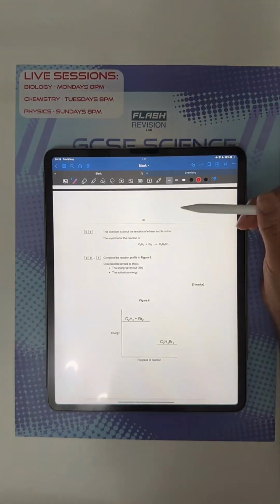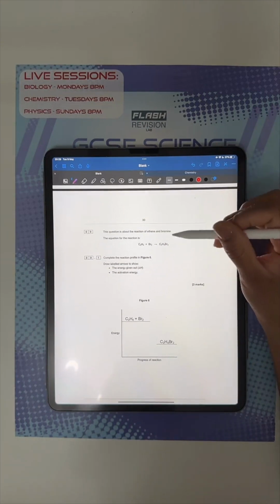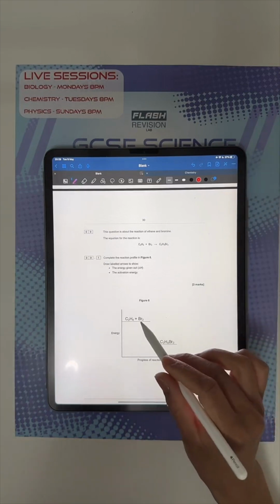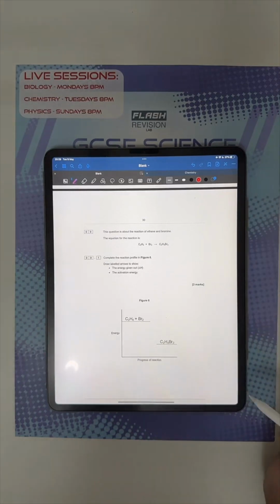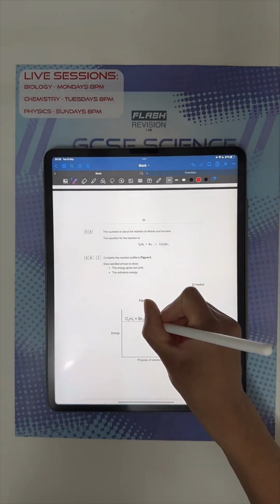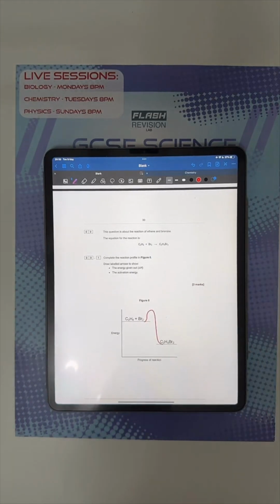Right, so we've got another one now. This question is about a reaction between ethene and bromine. Complete the reaction profile diagram. They've told us the reactant's higher than the product, so that makes it exothermic. So we need to draw the hump like that.